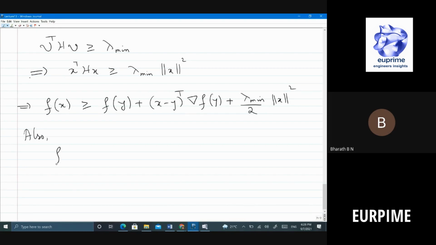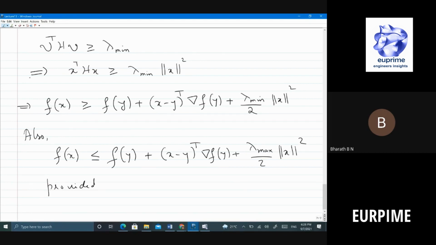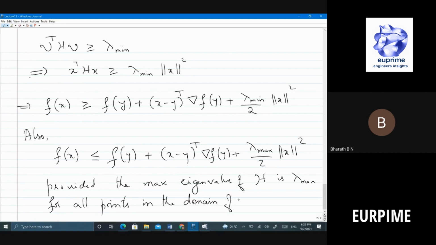I'll write that: f of x is less than or equal to f of y plus x minus y transpose gradient of f at y plus lambda max by 2 norm x squared, provided the max eigenvalue of h is lambda max for all points in the domain of f. Okay, so keep these inequalities in mind.